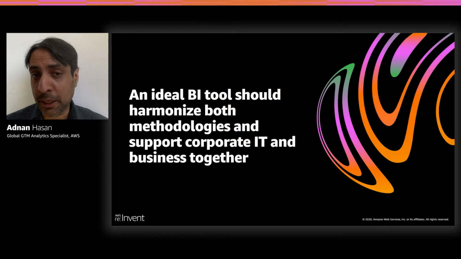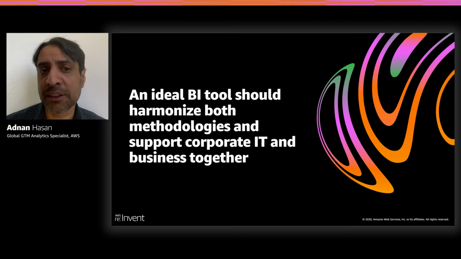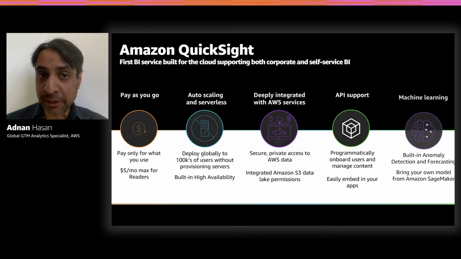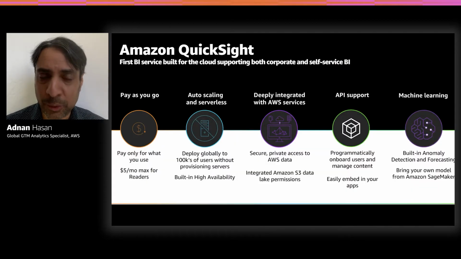In our opinion, an ideal BI tool should harmonize both methodologies and be able to support corporate IT and business together. This is where we released a tool called Amazon QuickSight that allows you to build a business intelligence or a consumption layer to support both the corporate BI and the self-service BI capabilities.